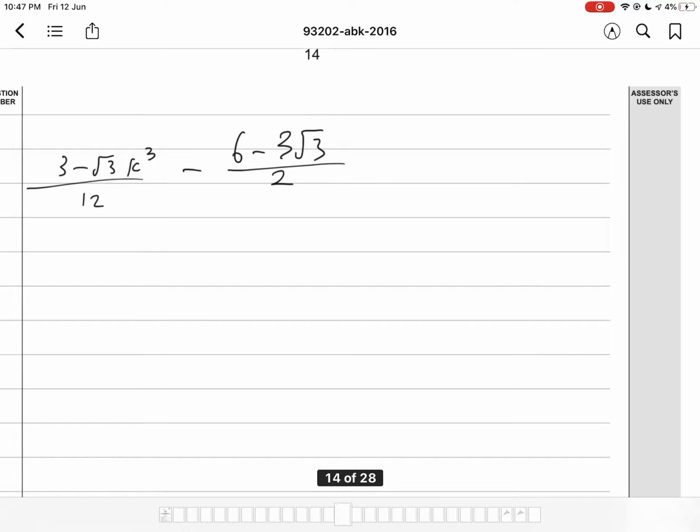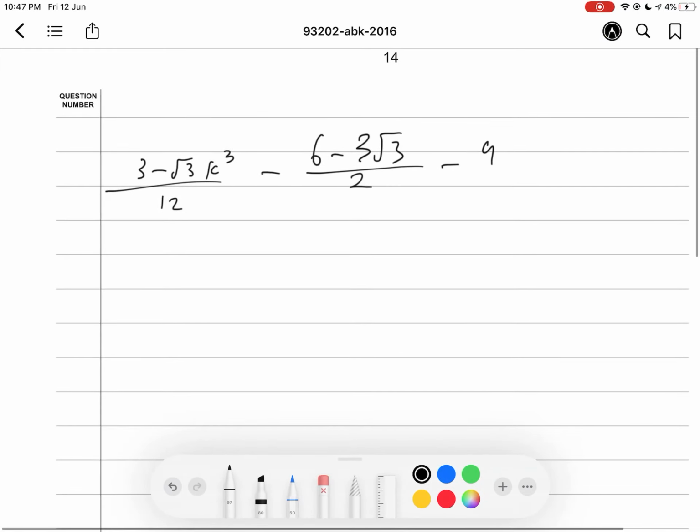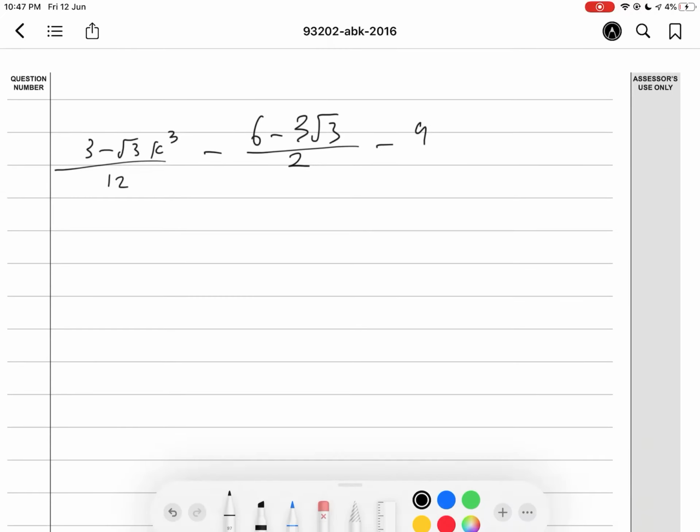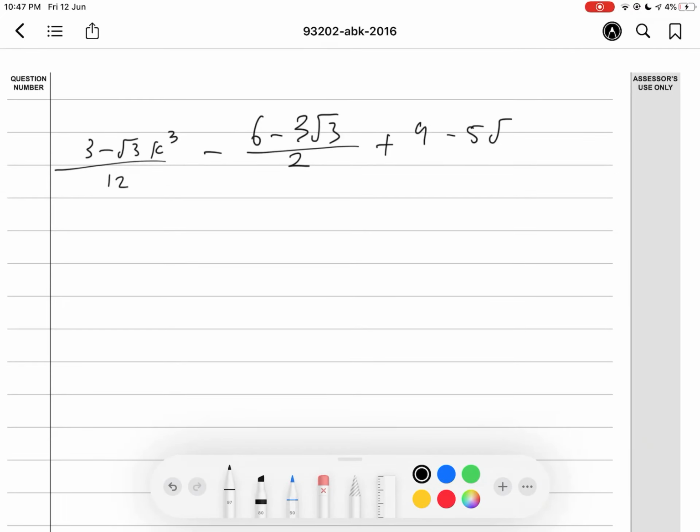And don't forget the 9 minus 5 root 3 over 36. So minus 9 plus 9 minus 5 root 3 over 36. Okay, so that's our area.